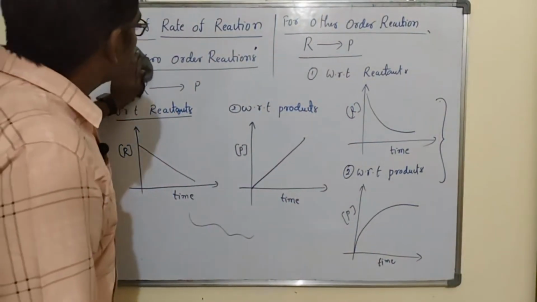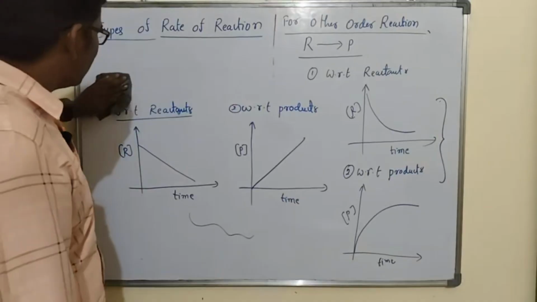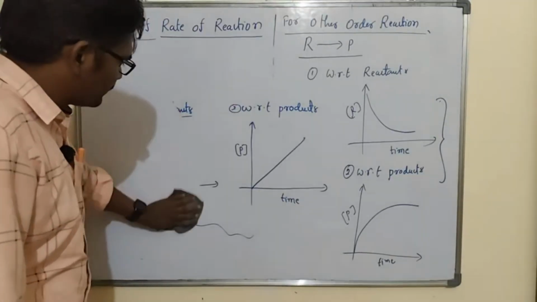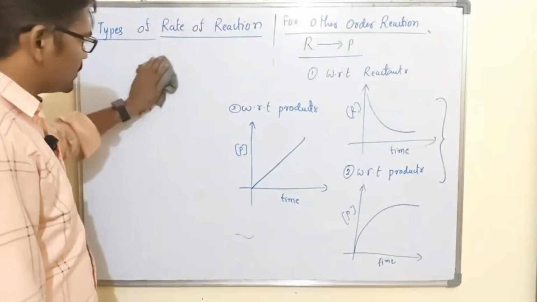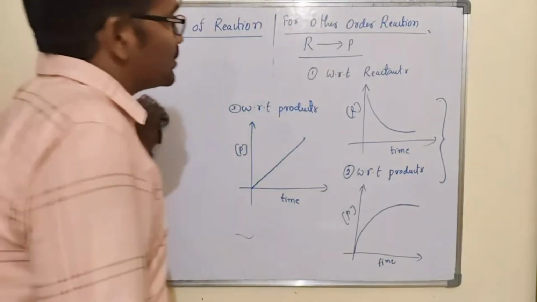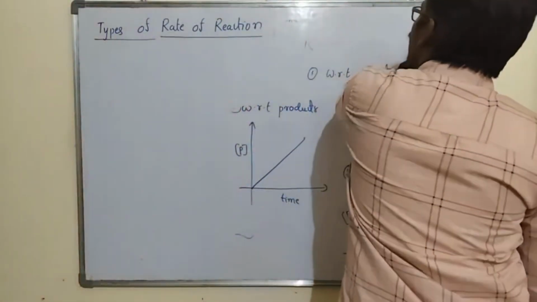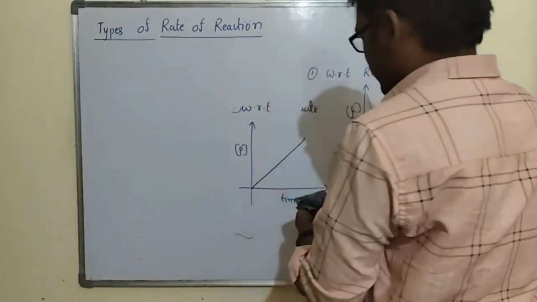Now, second, instantaneous rate of reaction. This was the average rate of reaction, we discussed how we take it. Instantaneous rate of reaction is the second one.